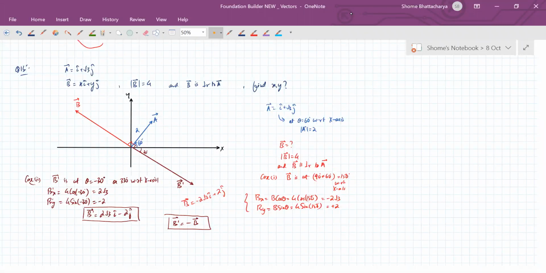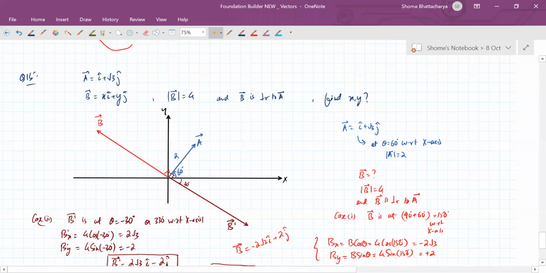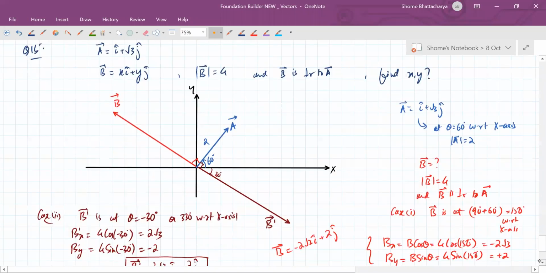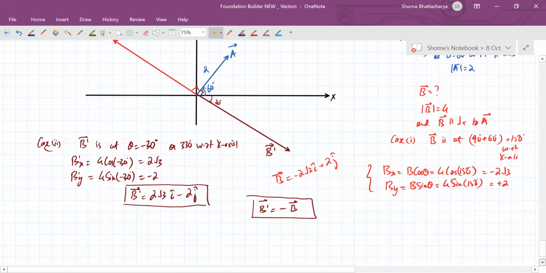Okay, so next up we will learn some more things in theory in vectors before we come back to problem solving again. So first of all, we will see two more theorems to do with vector addition and vector subtraction, which are connected to the triangle laws that we had studied.